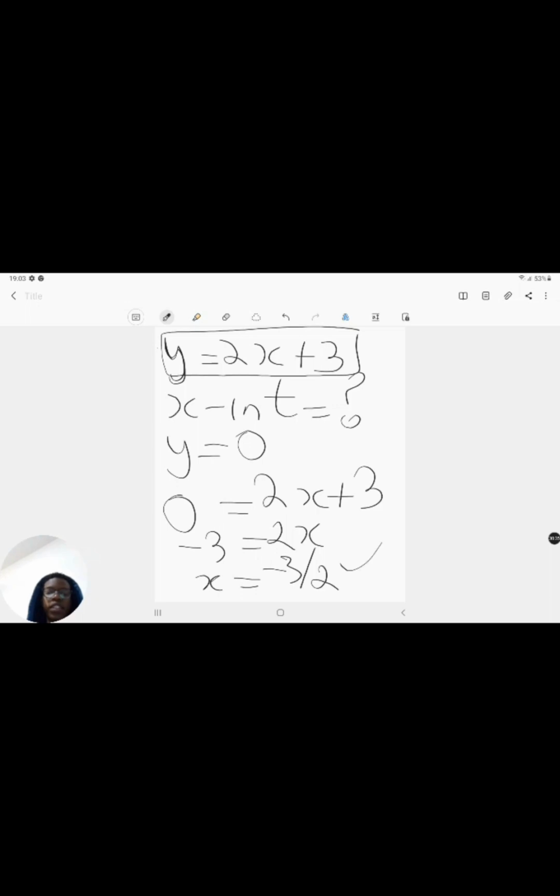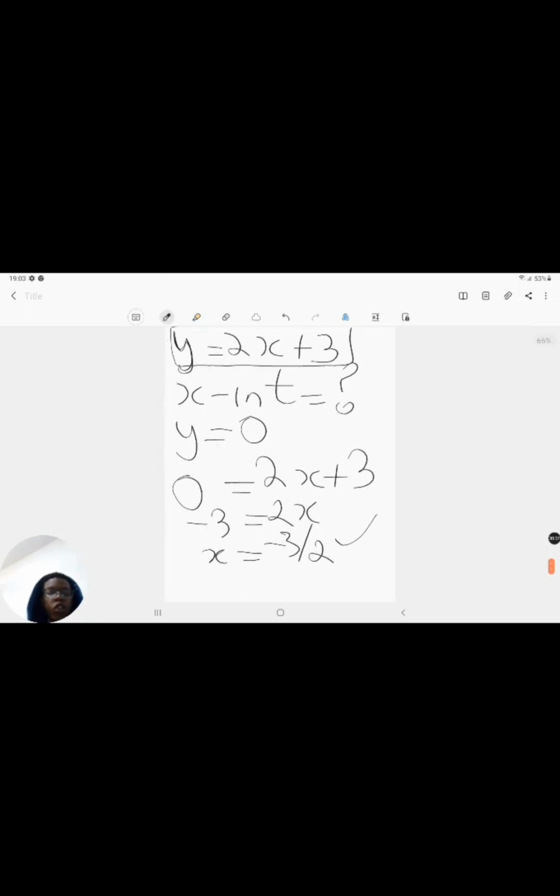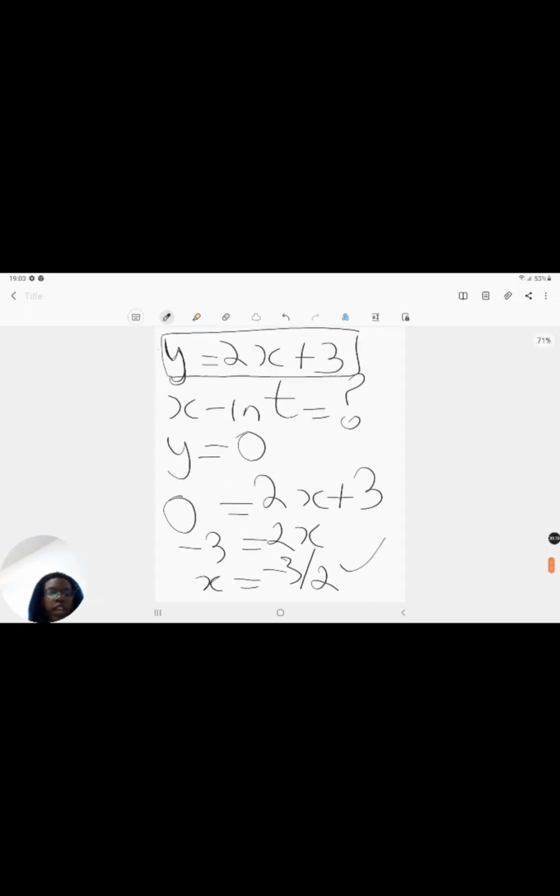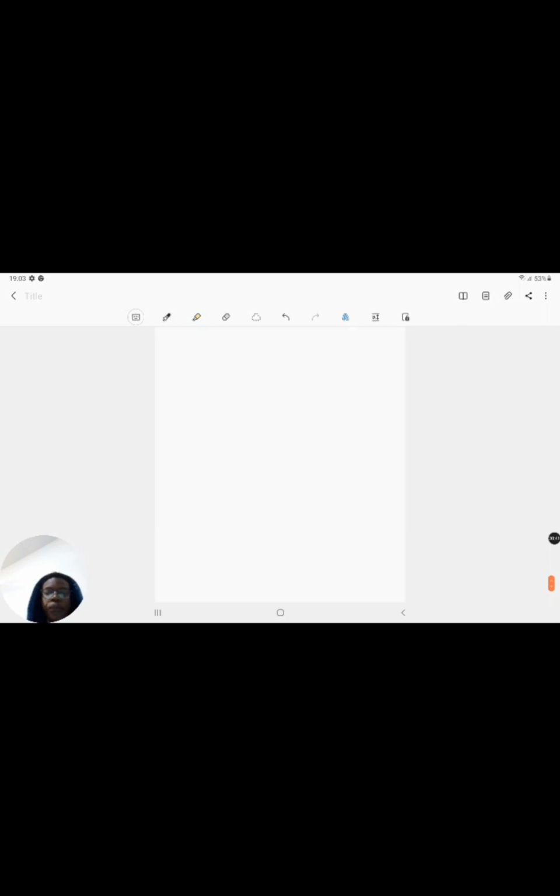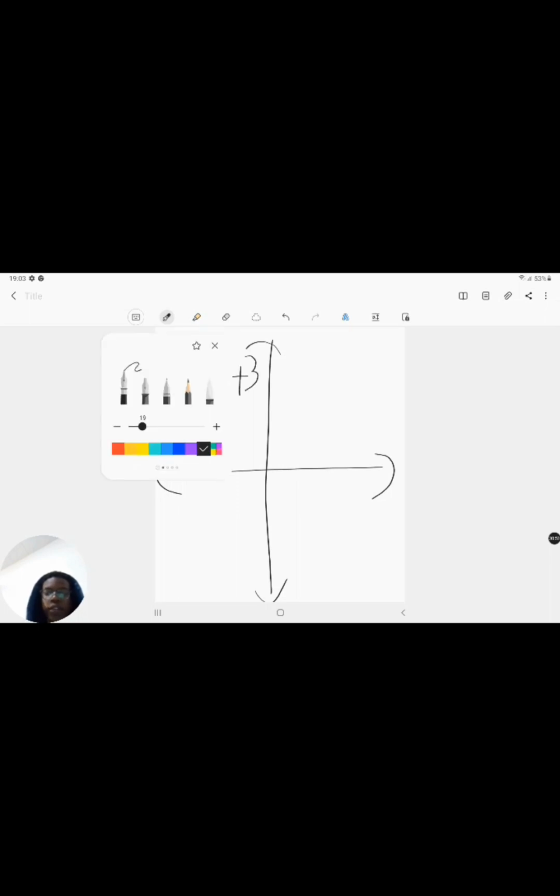So that's your x-intercept. Meaning that if you were to sketch this on a Cartesian plane, this is y is equal to 2x plus 3, and you have this graph here that does that, or that does that.